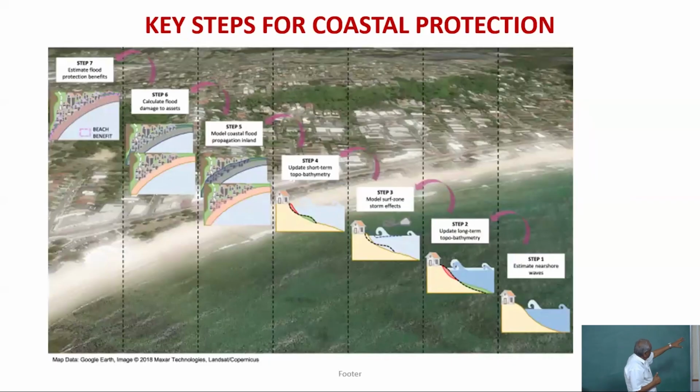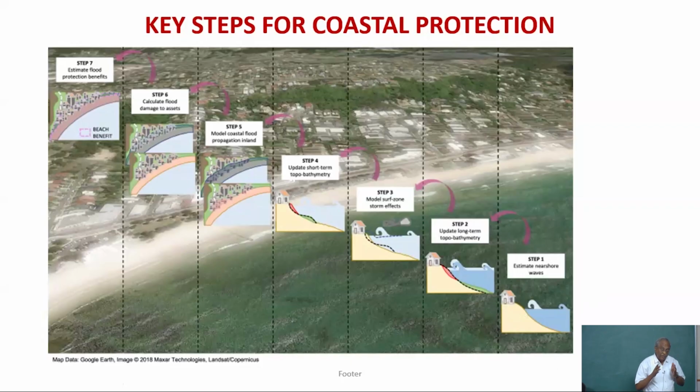And now when you look at the key steps for coastal protection, this is how we have to move along. So first you have to look at how you can model the nearshore waves. That is a basic thing which has already been covered. And not only modeling, but also you have to look at how they propagate over bathymetry.